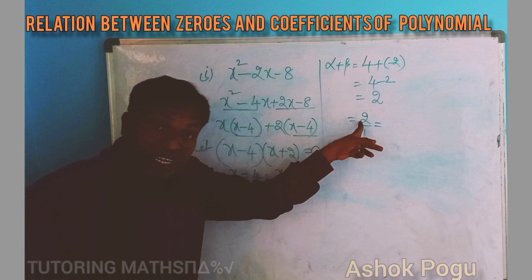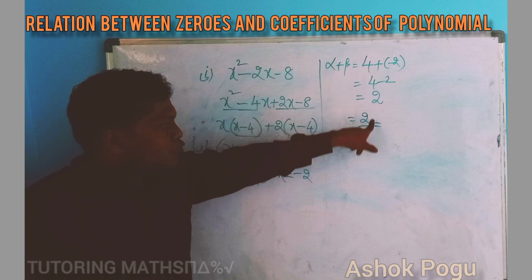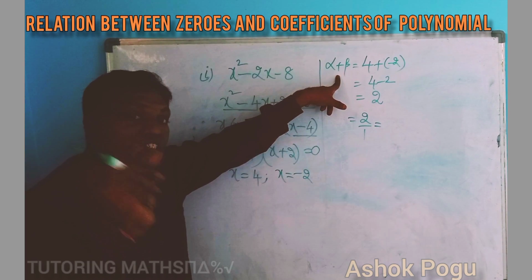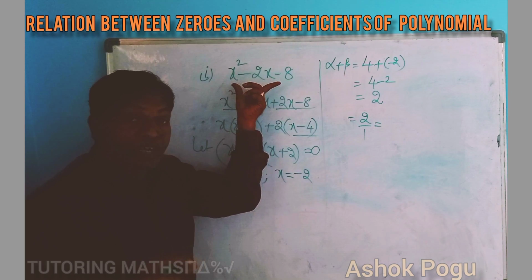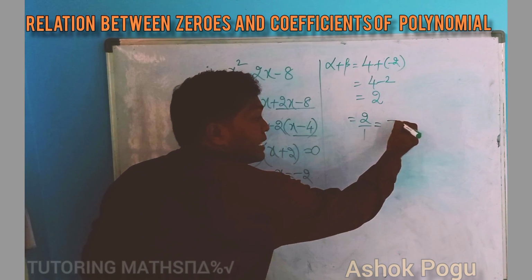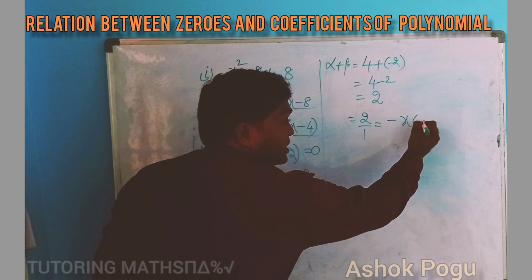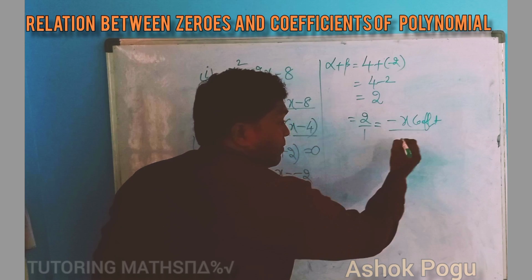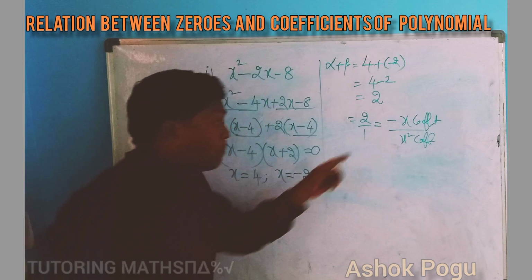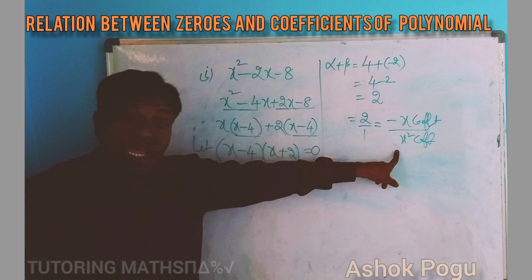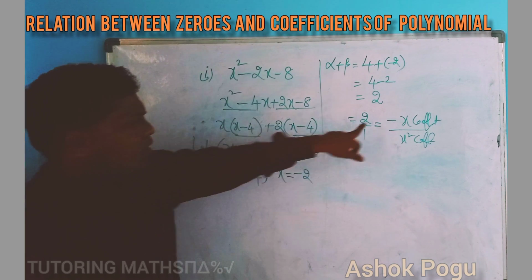Now you verify the relation between these two zeros and the sum. Now what is 2 by 1? It is the sum. But actually, according to the formula, the sum of the zeros of the quadratic polynomial is minus x coefficient by x square coefficient. Have you got the same? Let us see.